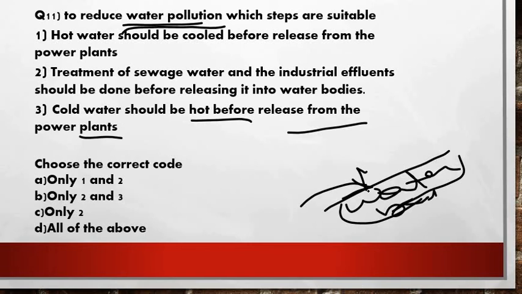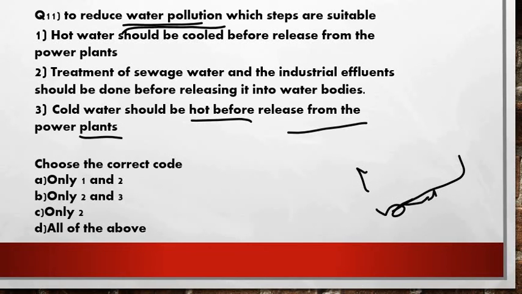Then the fish, not only fish, the aquatic animals are not able to sustain because they are not tolerant to the different temperature. Due to this reason, the third statement goes wrong here. So wherever you see the third statement, just strike it away. So option B goes wrong and option D goes wrong.